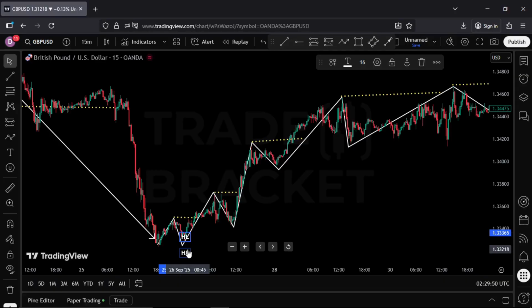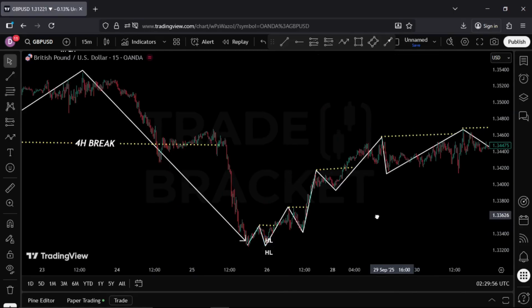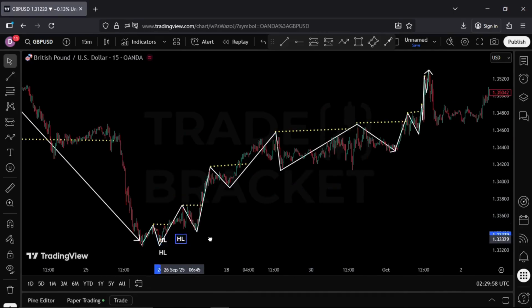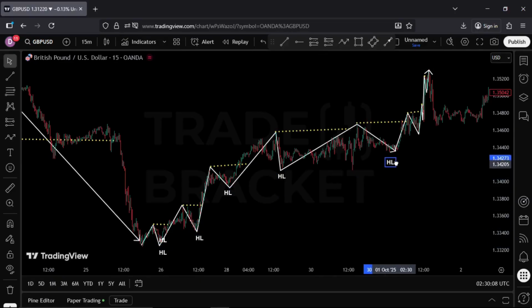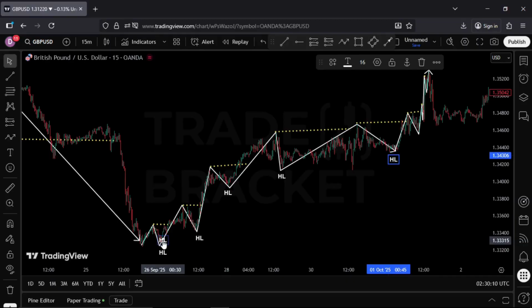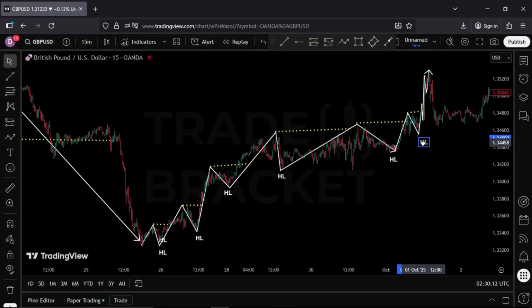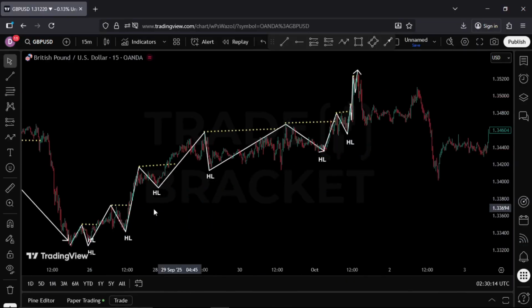So I'm just going to keep pasting so that I get several instances, because I don't want to do it again. All right. So I'll just drag this right here. I just copied and pasted several instances of what I just copied. Okay, so this right here will also be a higher low.